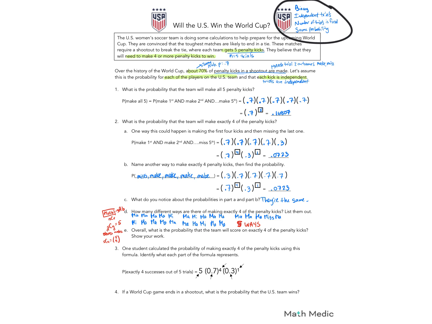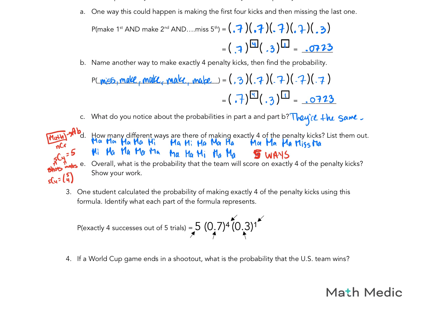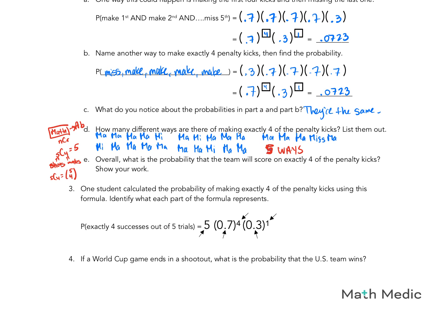And then remember, we made a sample space, and then we talked about how to do nCr in the calculator. So if we look down where we left off at 2E, overall, what is the probability that the team will score exactly 4 of the penalty kicks using the formula? We're going to identify what that formula represents. So the 5, remember that was our 5 different ways.